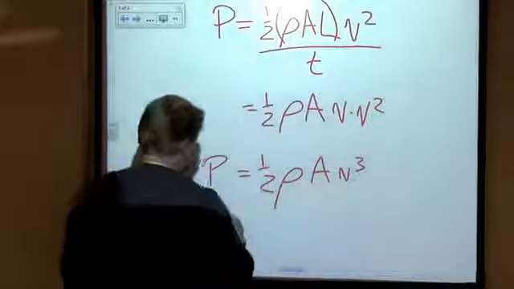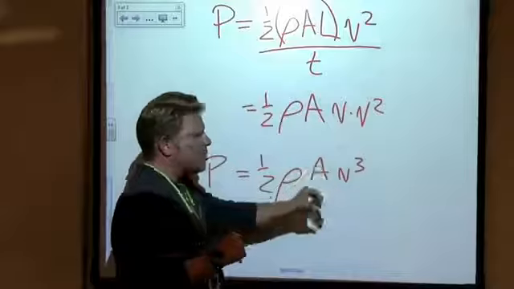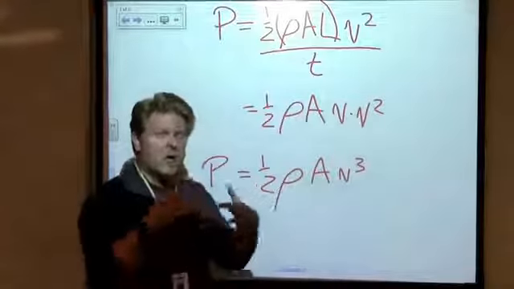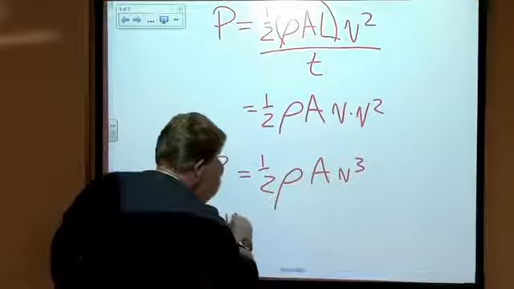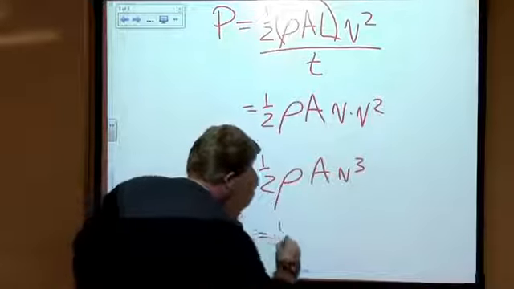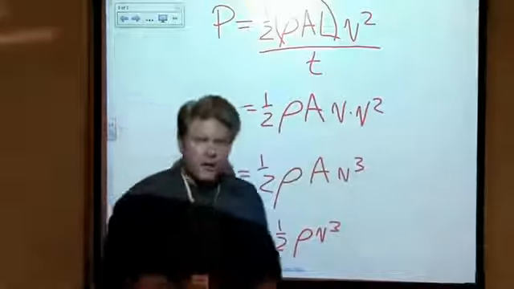We're almost there. I'm going to move this area over because this is the power that's available in that area. So if we're going to talk about power per unit area, let's make that ratio. Power divided by area is equal to 1/2 times the density times the cube of the velocity.